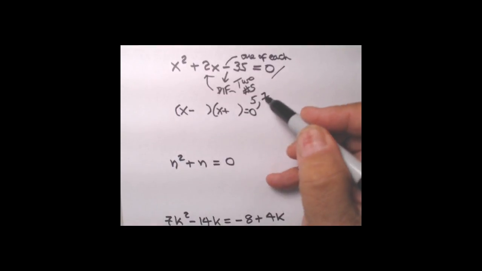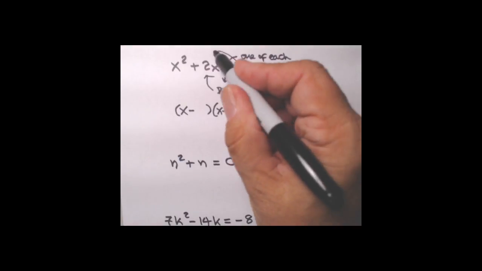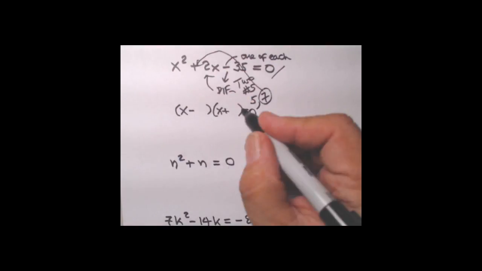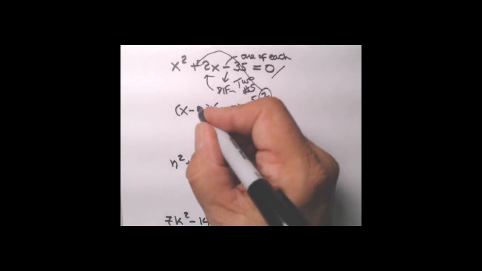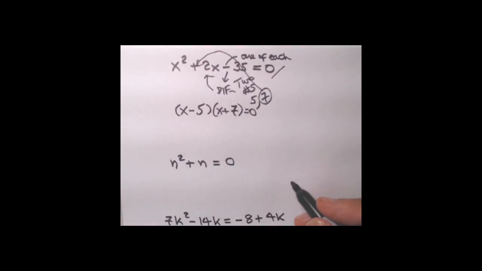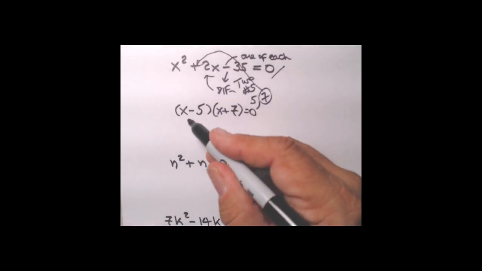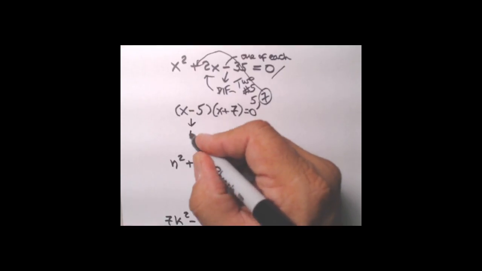Now, we got to play the bigger game. 7 is bigger than 5, so 7 has to have the sign of the center term, which is positive. So I put the plus here, so that's where the 7 goes. 5 goes in the other spot. Now, what value of x will make this guy equal to 0? Well, x equals positive 5 will do it.